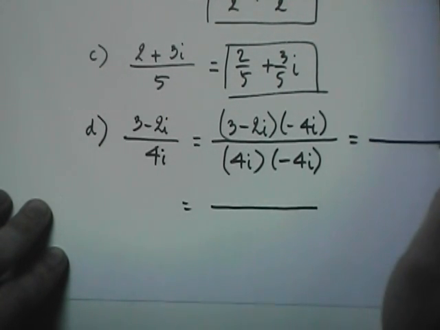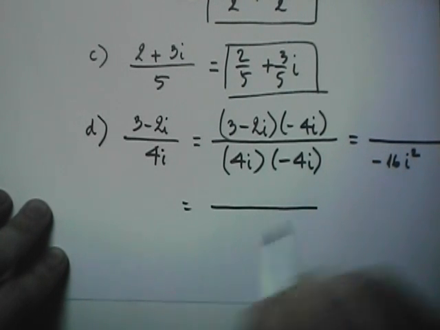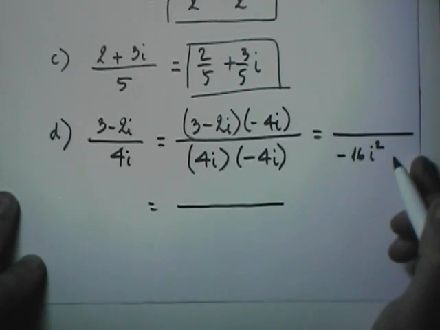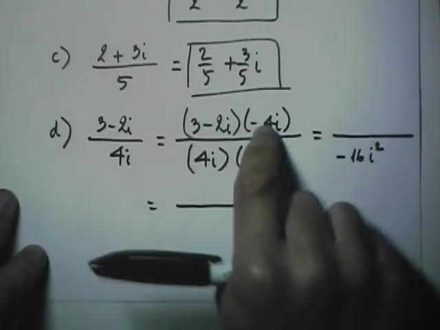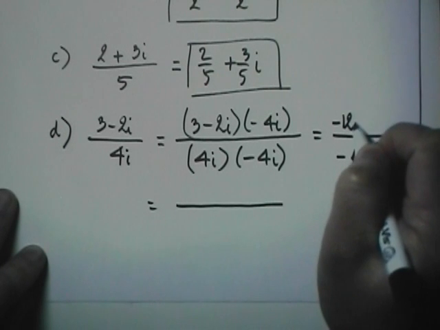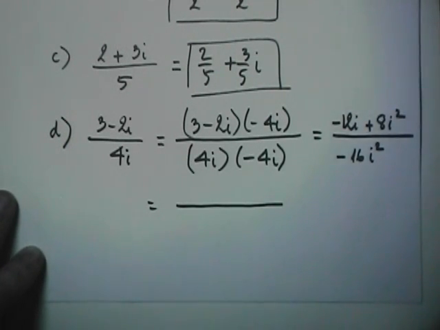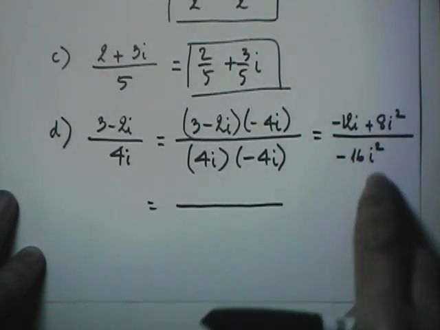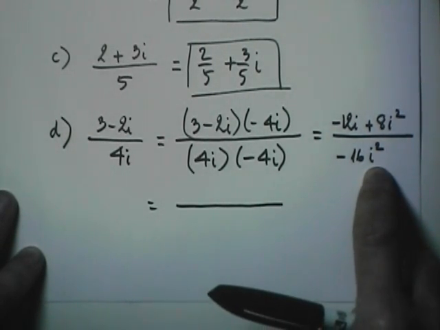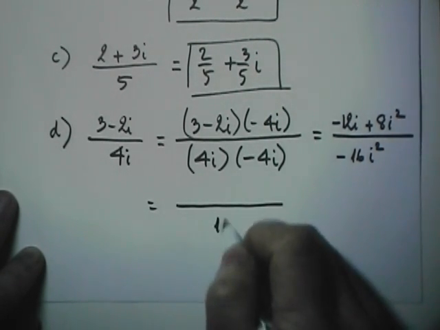Maybe we can work it out one more step on the same line. I get 16 minus 16i squared at the bottom. At the top, the distributive law is going to hold, so I have minus 12i plus 8i squared. At the bottom, remember always i squared is negative 1, so it becomes positive 16.